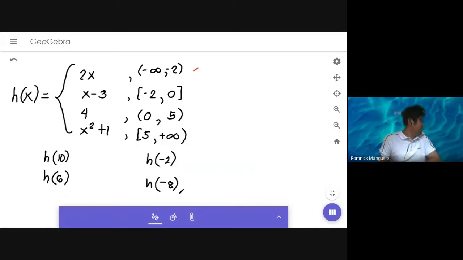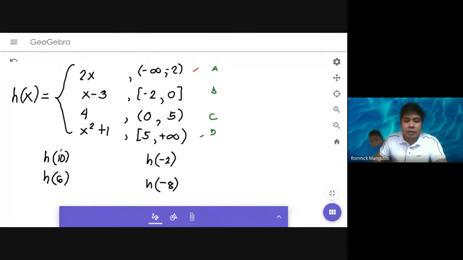Let's say we have h of 10, and then we're going to find the value. The first thing you need to consider, this is 10, the input value. So as to what interval does 10 belong? Is it A, B, C, or D? Well, obviously, 10 is found on the interval D, right?